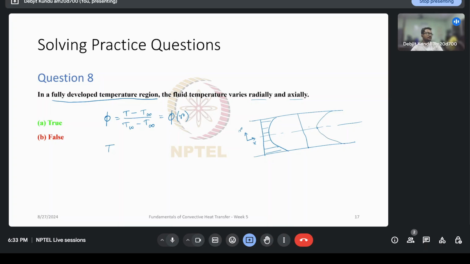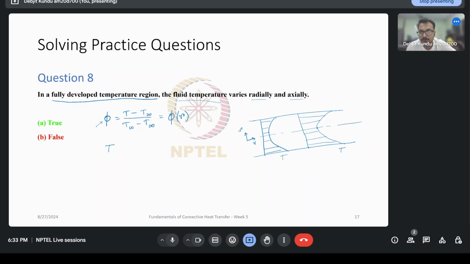The shape might not change. If I normalize temperature and find phi, that might not change, but the absolute temperature does change due to heat transfer. So even in the fully developed region, the fluid temperature does vary in the radial as well as in the axial direction, which is why this statement is true and not false as it might seem intuitively.